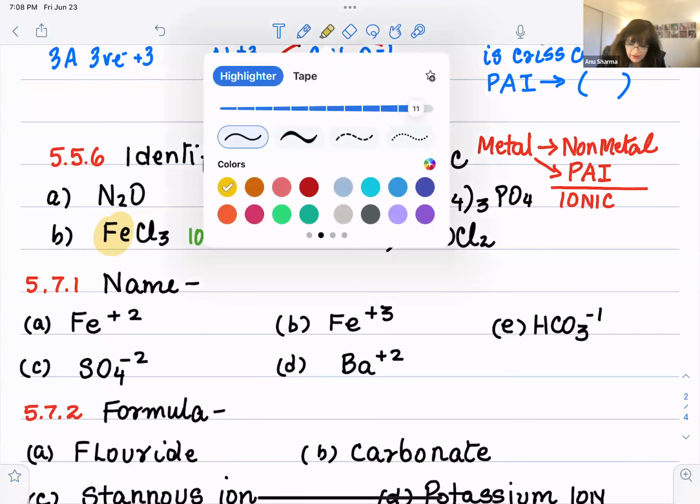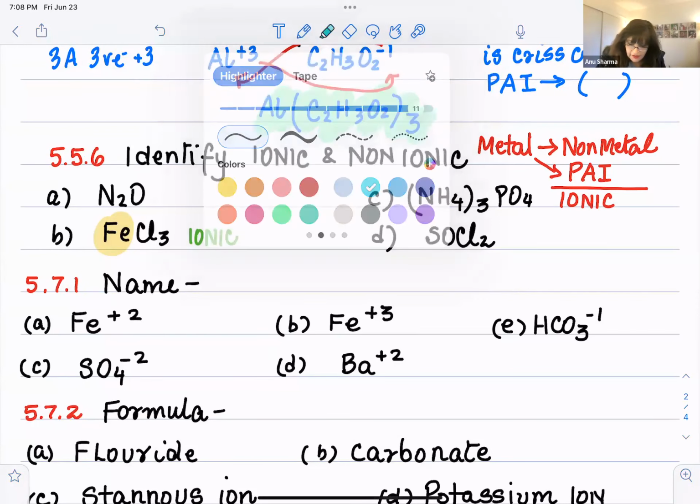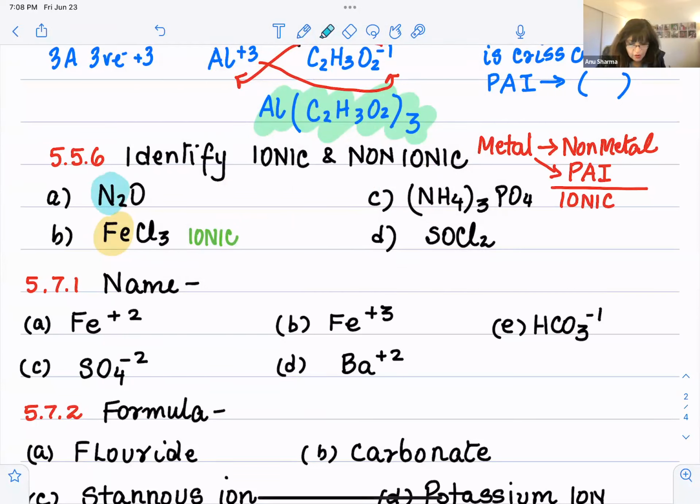The N2 is non-metal and oxygen. Nitrogen is non-metal. So two non-metals are combining. So this becomes non-ionic. And when you look at the SOCl2, sulfur is a non-metal, oxygen is a non-metal, chlorine is a non-metal. So in this case, this is also non-ionic or covalent, basically non-ionic.